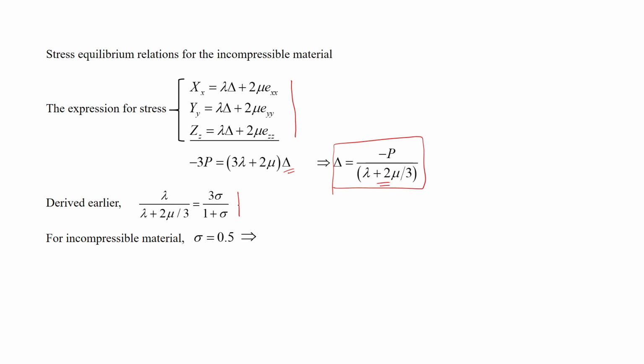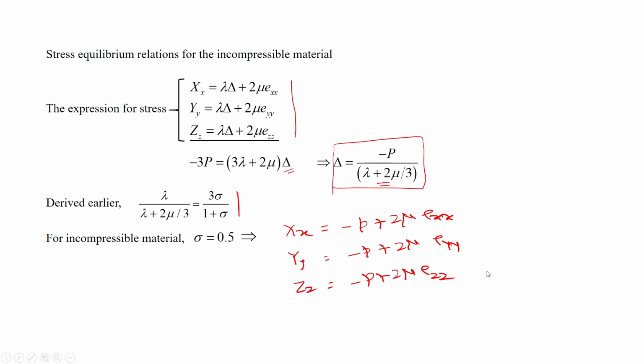So, for an incompressible material, after you substitute all that, sigma xx is written as minus p plus 2 mu e xx, and sigma yy similarly is equal to minus p plus 2 mu e yy, and sigma zz will be minus p plus 2 mu e zz. Also we can write sigma xz and sigma yz equal to 2 mu e xz, like that.